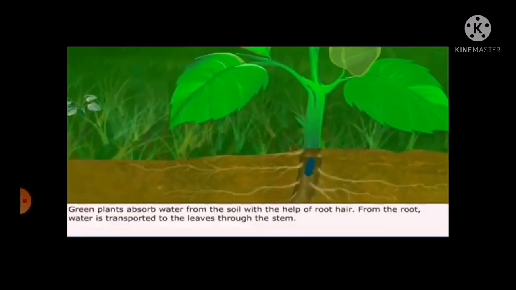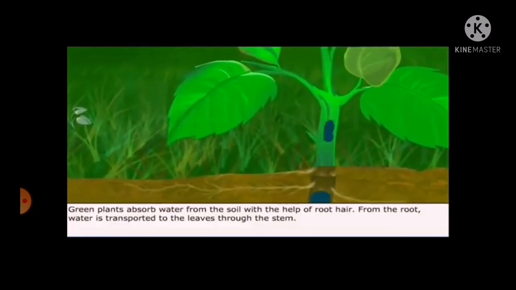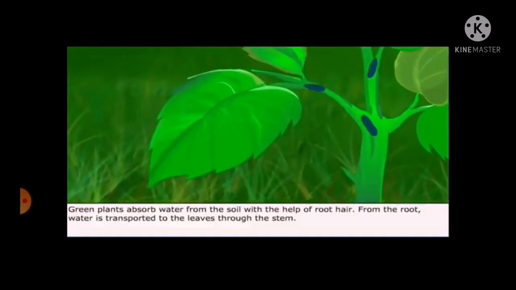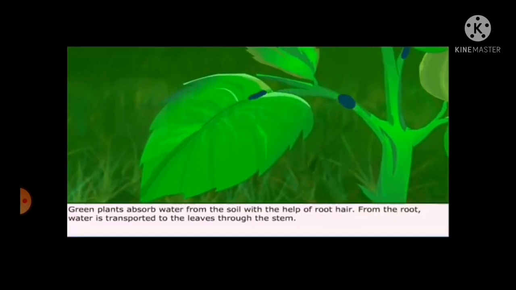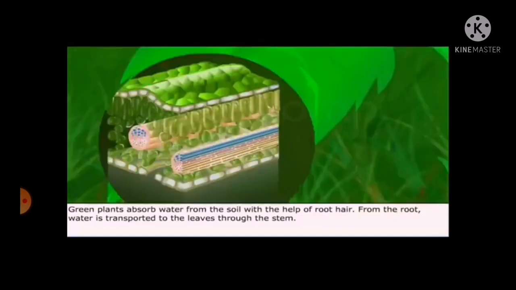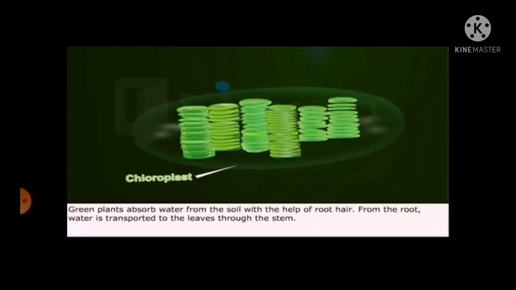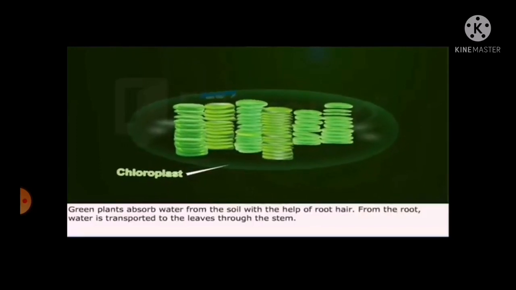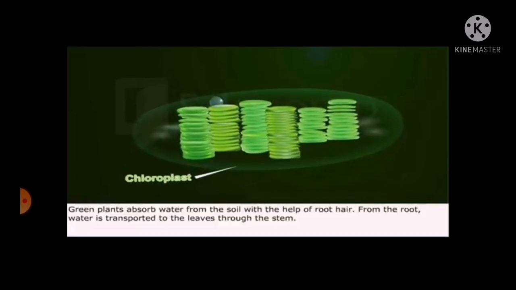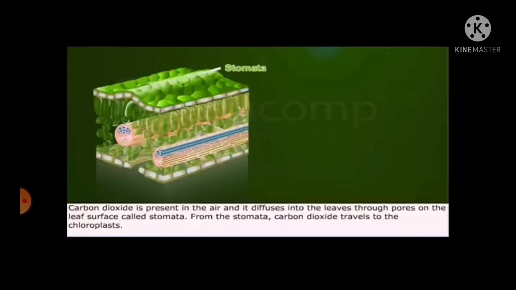Water is transported through the stem to the leaves because it is a raw material for photosynthesis. It reaches into the chloroplast.